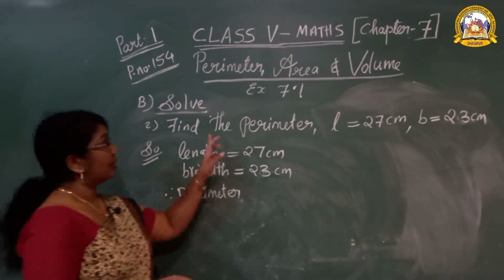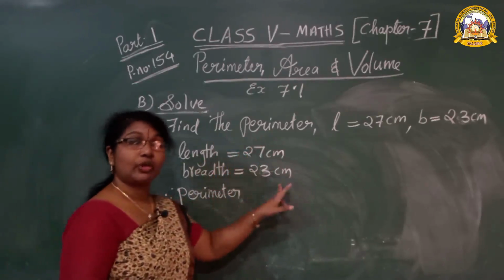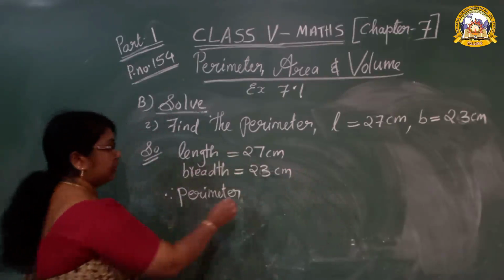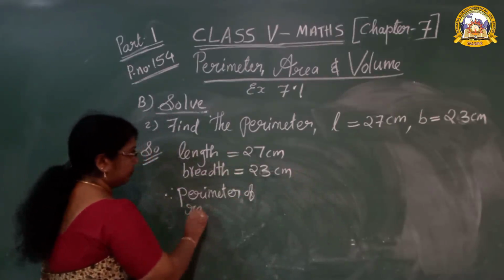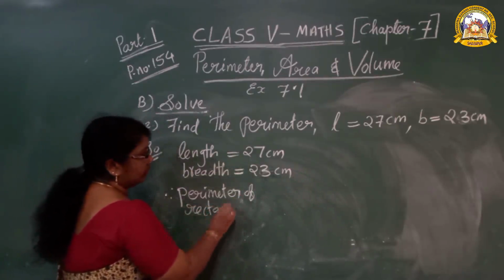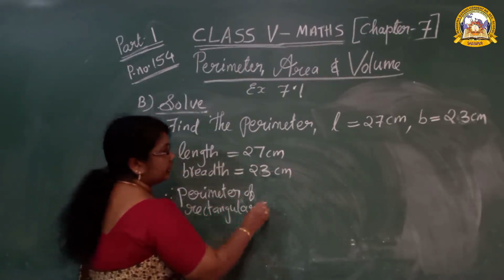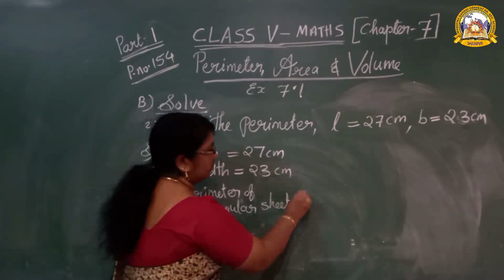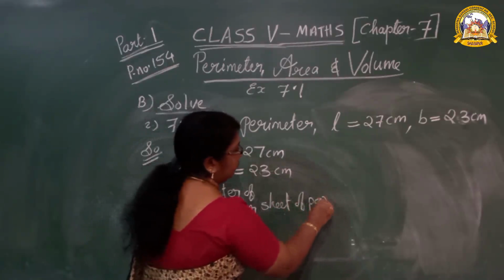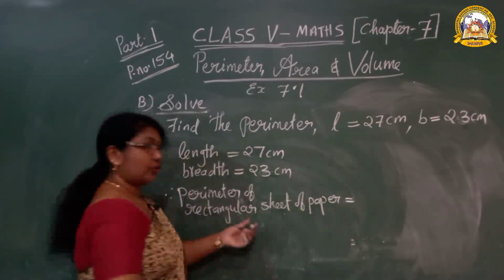What is the perimeter of the rectangular sheet of paper? Perimeter of a rectangle.